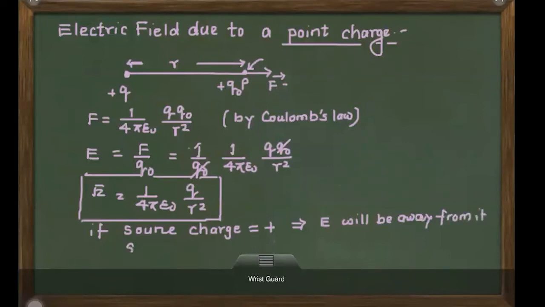And if your source charge is negative, then E will be towards it.